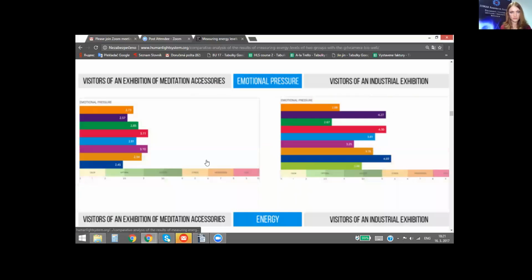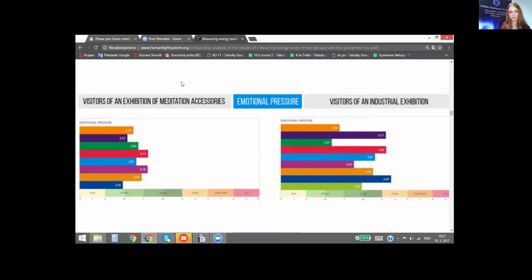So the next thing is emotional pressure. It is also quite obvious that the participants of the meditation exhibition had a quite good level of emotional pressure. It is mostly in the optimal level or in the very beginning of anxiety, but most people have it in the optimal level. And the participants of the industrial exhibition have it much higher.